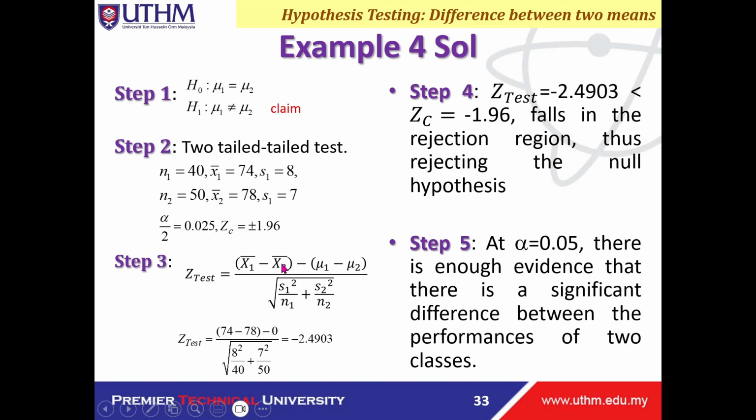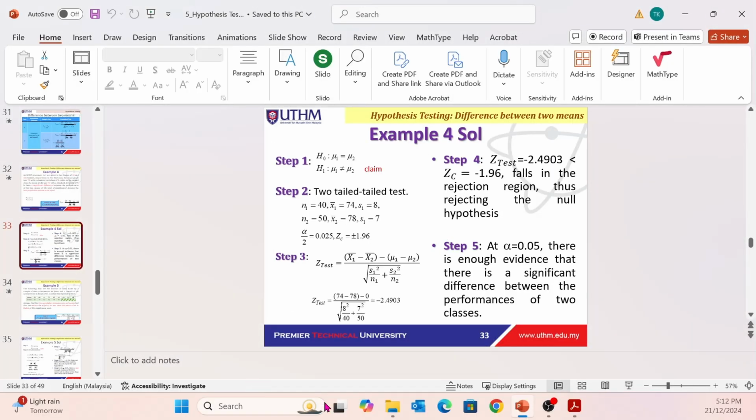Then we calculate using the case C formula. Z test equals x bar 1 minus x bar 2, so 74 minus 78, minus mu1 minus mu2, which is 0, divided by the square root of s1 squared over n1, which is 8 squared over 40, plus s2 squared over n2, which is 7 squared over 50. If you calculate it, you get negative 2.4903. Let me show my calculator.